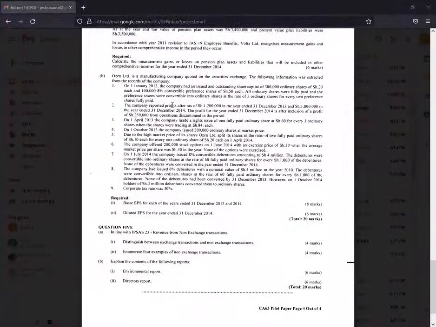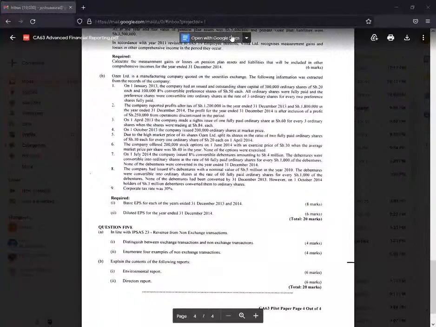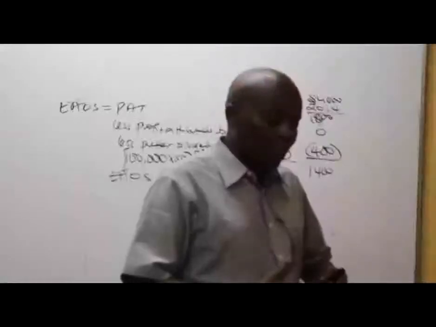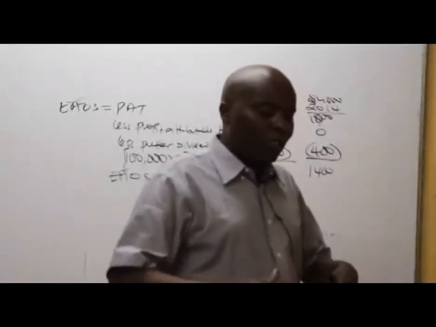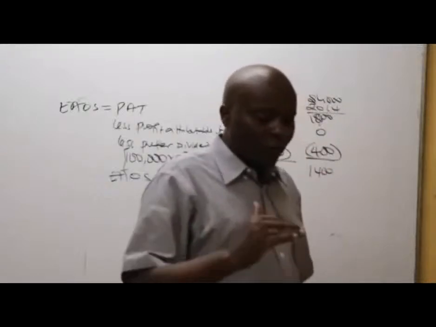We never converted these preference shares. They're only convertible. This is a language of telling you that when you'll be calculating the diluted EPS, you must bring these financial instruments that have got the potential of increasing your ordinary shares. When you have something which has got a potential of increasing your ordinary shares, automatically that is a dilutive financial instrument.